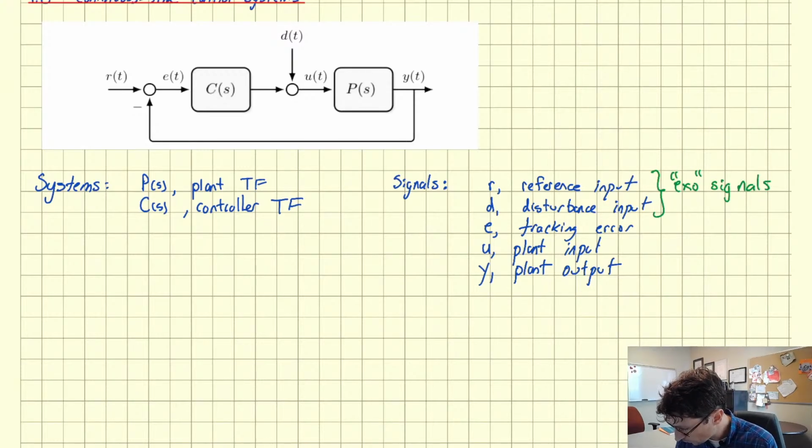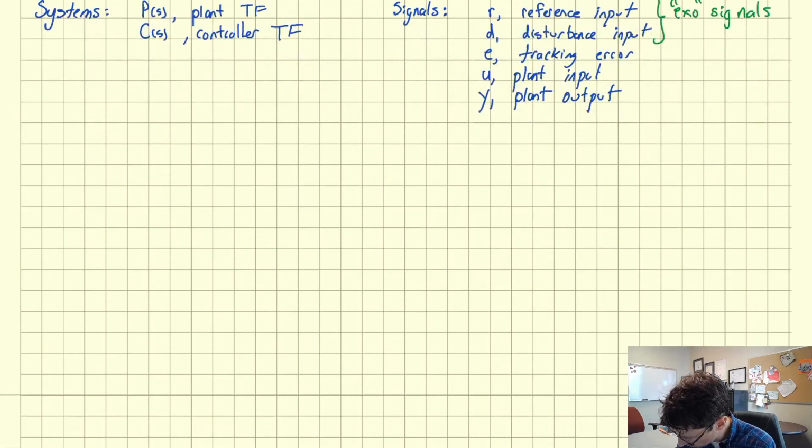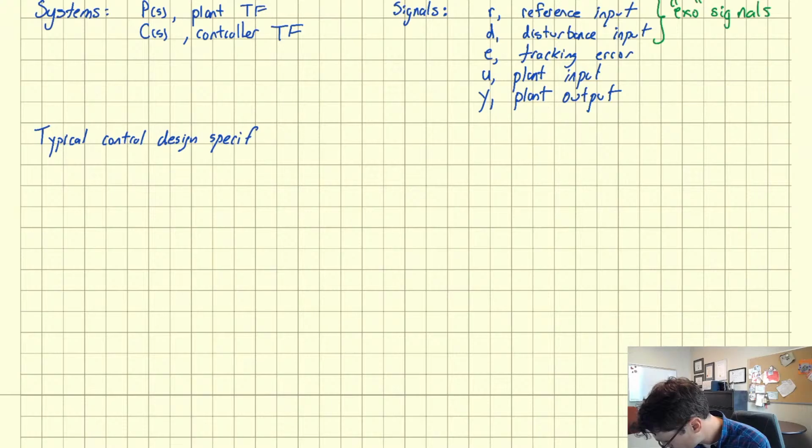Okay, so typical specifications, which you would have seen before, but I'll remind you. So typical control design specifications. Well, certainly stability. We mentioned that briefly last class.